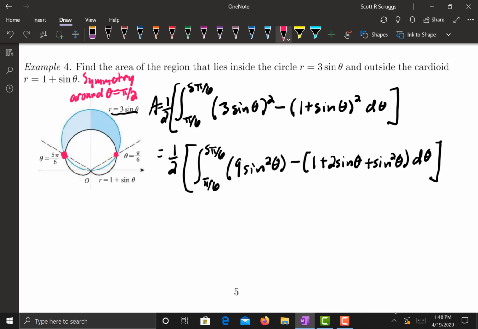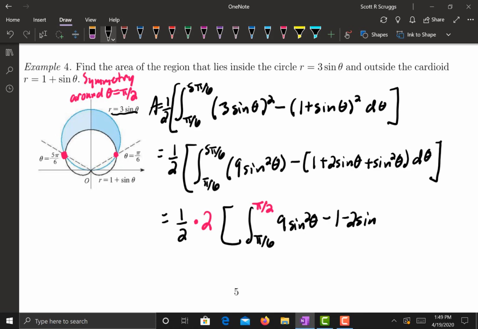And the reason why I made that note in that previous video is I'm going to use that fact here and transform that into 1/2 times 2 times the integral from pi over 6 to pi over 2 of 9 sine squared of theta minus 1 minus 2 sine of theta minus sine squared of theta d theta.